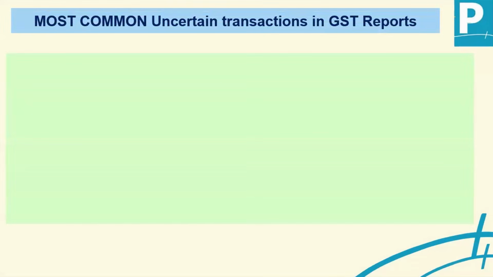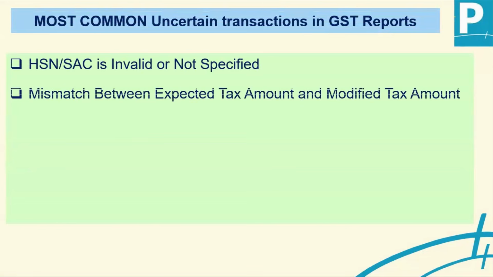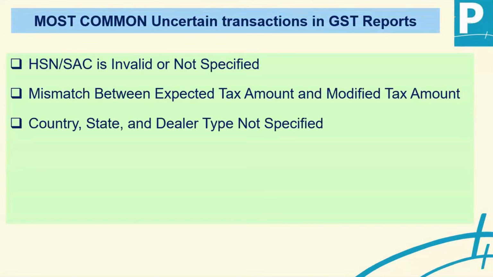Then, as I said in the beginning, the most common uncertain transactions in the GST reports are: one, the HSN SAC is invalid or not specified; mismatch between expected tax amount and modified tax amount; country, state, dealer type not specified.